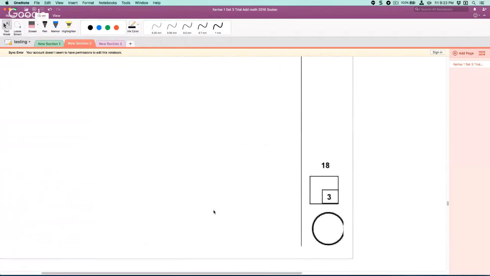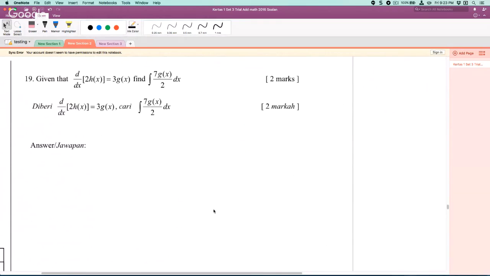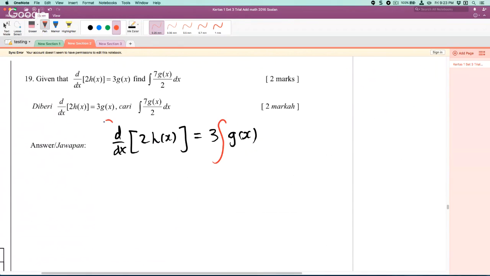Okay, this one is integration and only 2 marks. Even though it seems very hard, I guess it's not too bad. So this differentiate 2h(x) equals to 3g(x). Since I want to get something like this, I try to add the integration symbol for both.